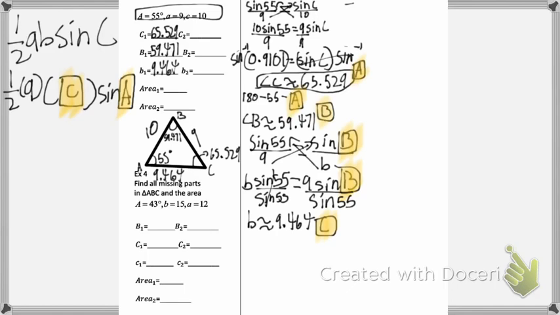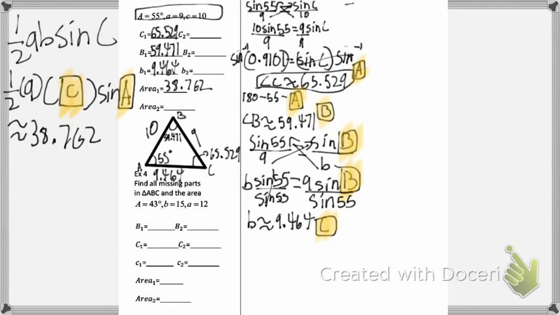So let's calculate that in my calculator. And I got that area approximately equals 38.762. So area 1, 38.762.